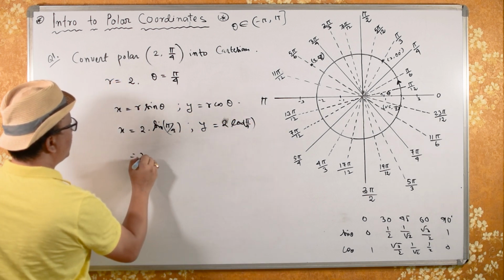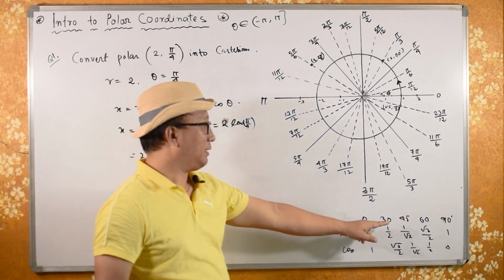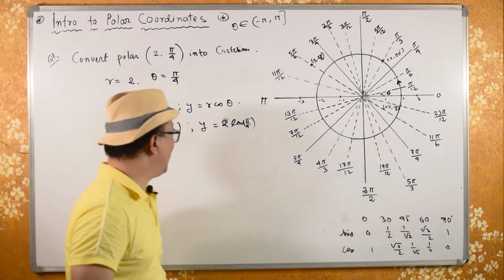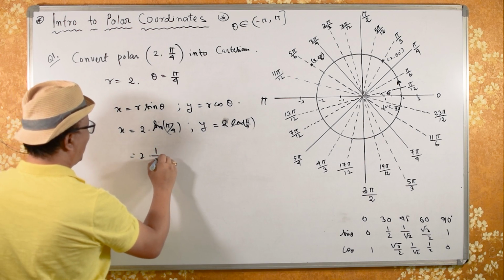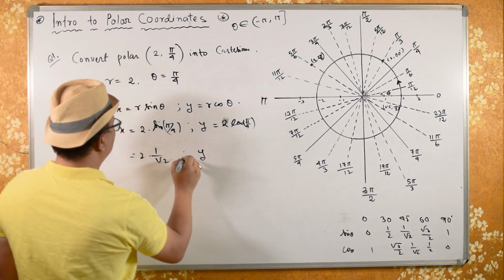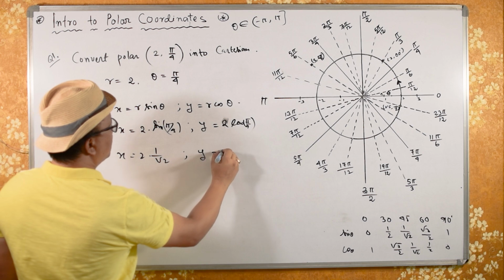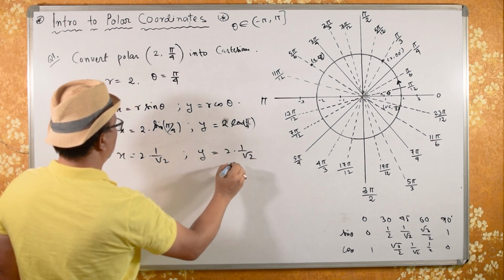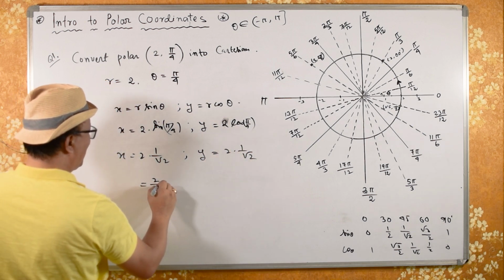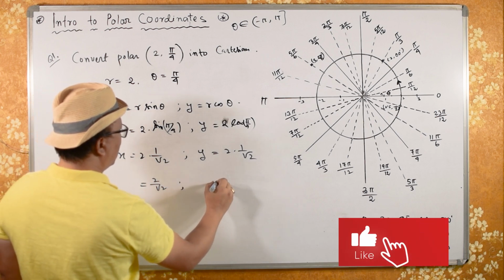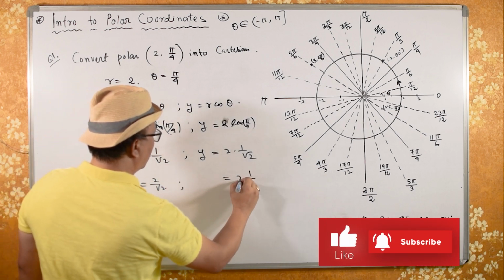Here π by 4 is 45 degrees. Sin 45 as well as cos 45 is 1 by root 2. So x equals 2 times 1 by root 2, which is 2 by root 2, and similarly y also 2 by root 2.